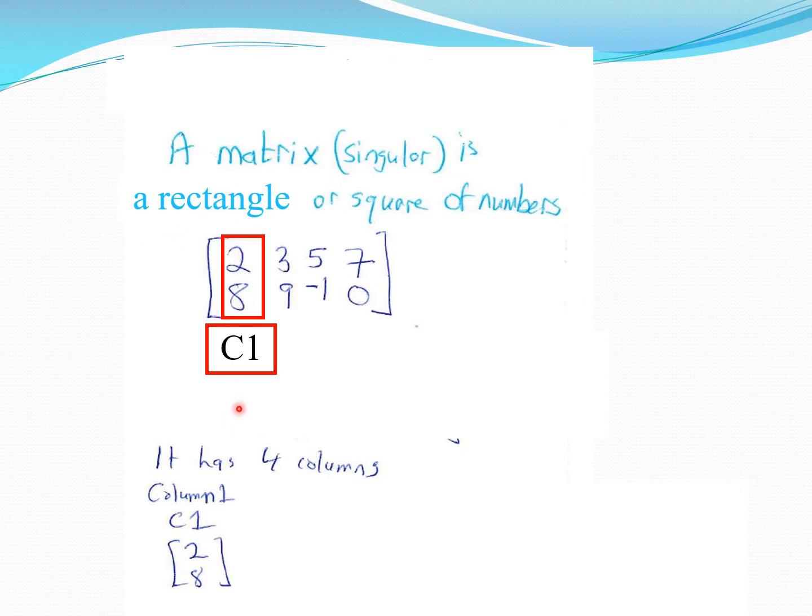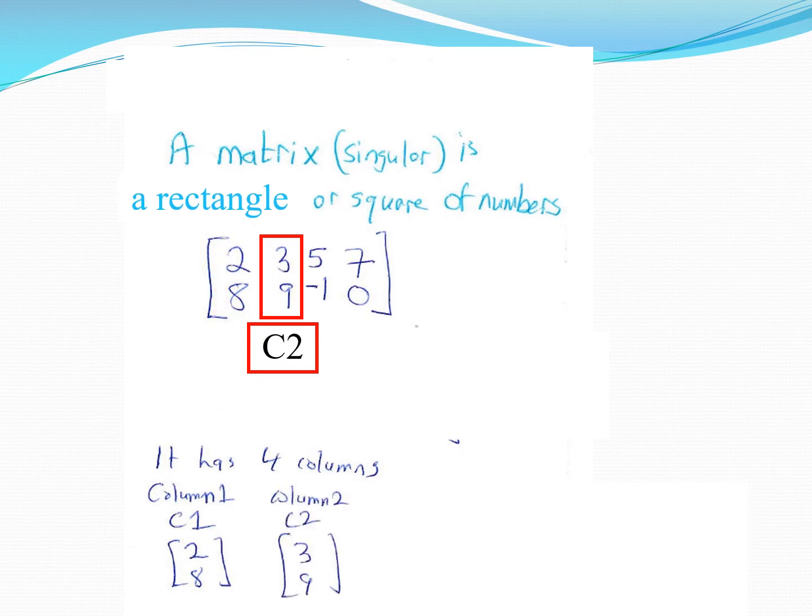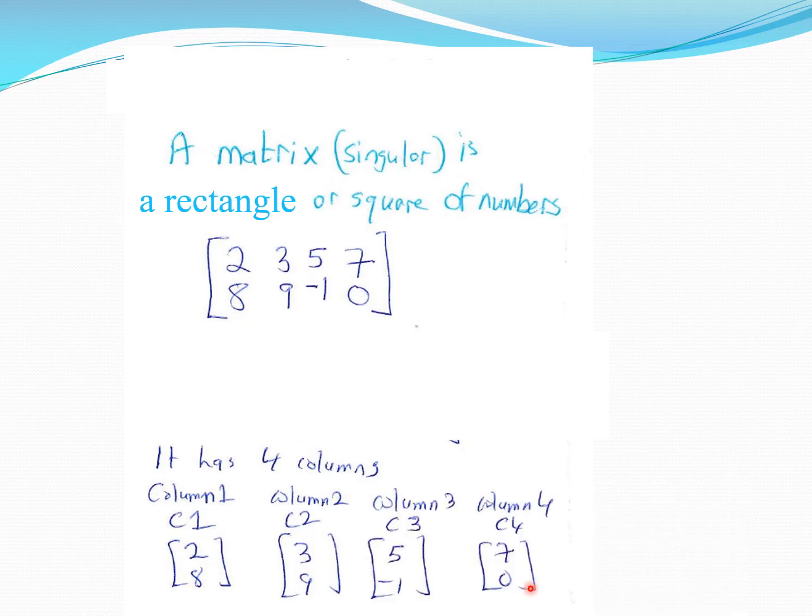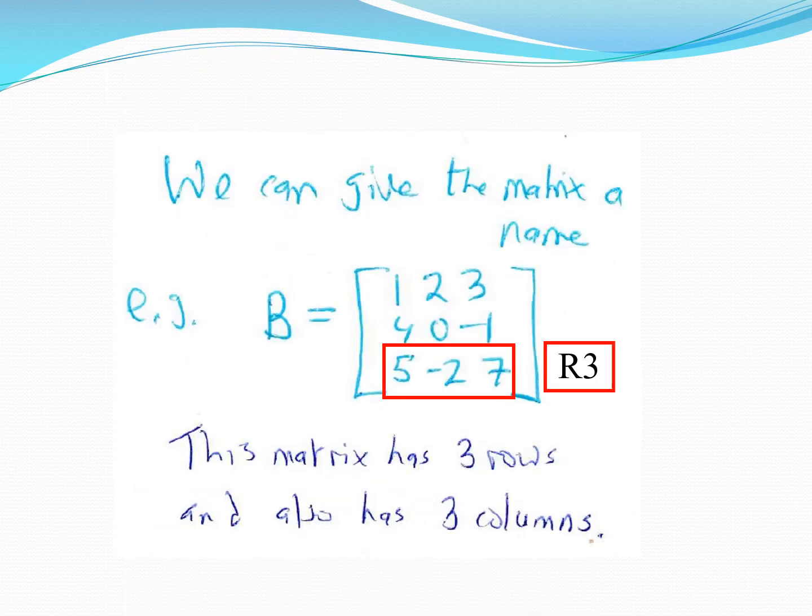So that's column 1, and there are 2 numbers in the column, 2 and 8. Likewise, column 2, and then we have column 3 and column 4. So the idea of rows going across and columns like pillars is going to be very important, as we'll see.